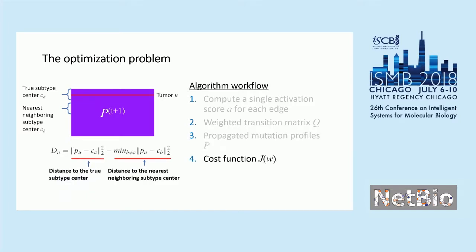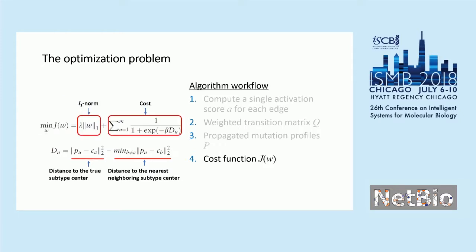To formulate a cost function, we introduce this term du, which captures the distance of tumor U to the true subtype center and the distance of tumor U to the nearest neighboring subtype center. The intuition is that we want the first term of du to be small and the second term of du to be large. In that case, we know that tumor U is close to its true subtype center and far away from the neighboring subtype centers, which basically means that the classification is correct.